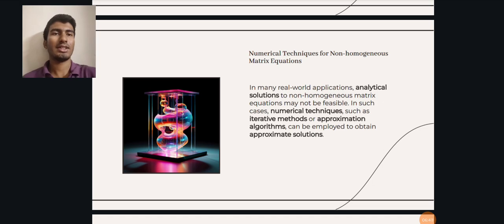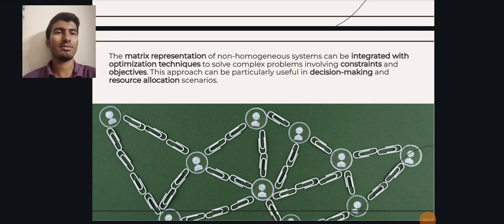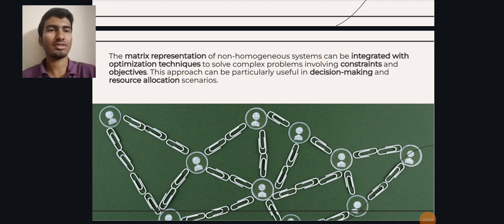Matrix representation of non-homogeneous systems can be integrated with optimization techniques to solve complex problems involving constraints and objectives. This approach can be particularly useful in decision making and resource allocation.